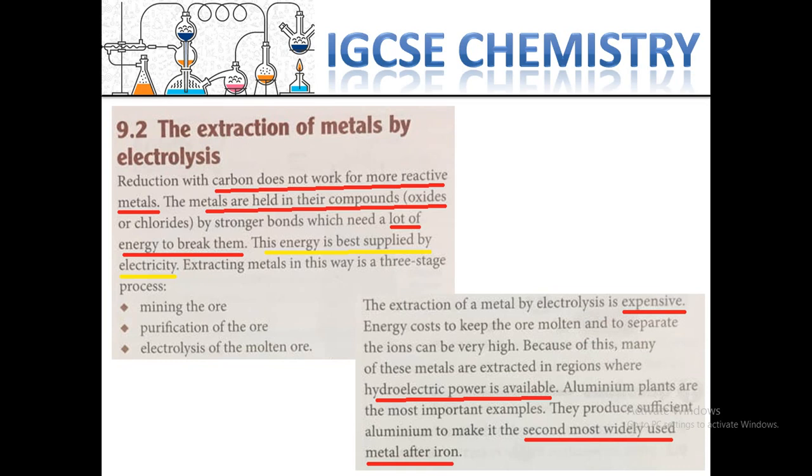As we know, aluminium is the second most widely used metal after iron. The first is iron, and second is aluminium. Aluminium is the most important example that can be extracted by electrolysis.